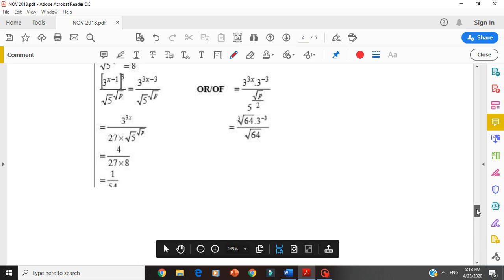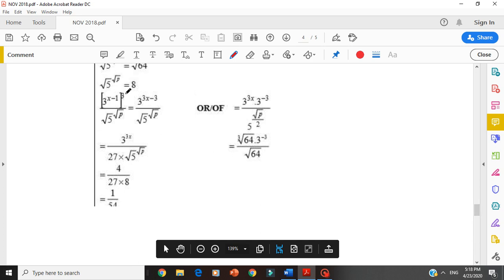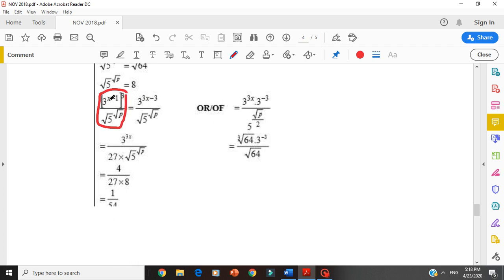And so trying to evaluate this expression that was in the question, you can multiply the 3 inside to the x minus 1, and then you can isolate the 3 to the negative 3.